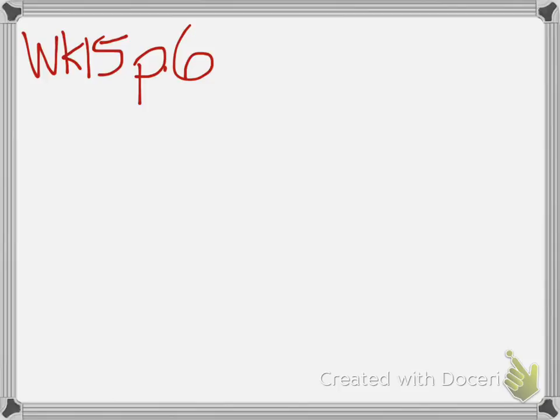So class, right here on week 15, page number 6, it's talking about a little bit of history. In the history of mankind, we have constantly had to come back to what our best guess is as far as what pi is. You saw in class we came up with a couple of different problems, and we came close to 3.14, but we were not consistent.